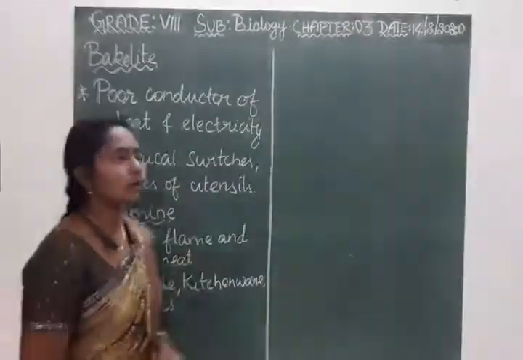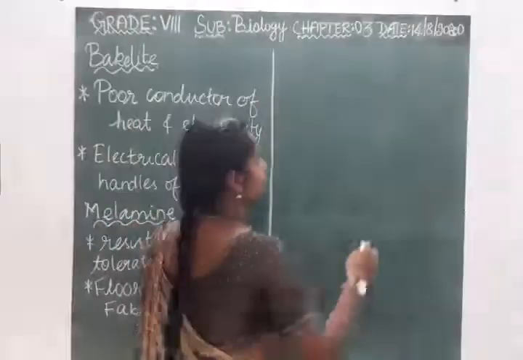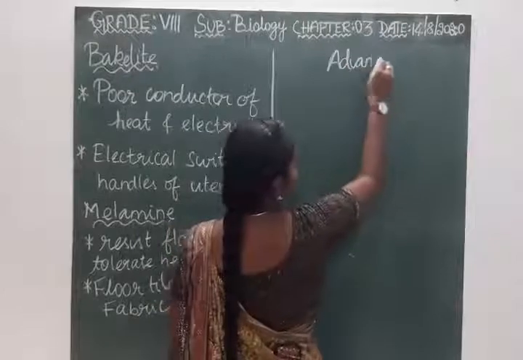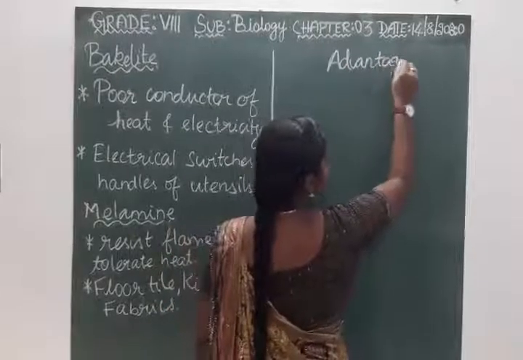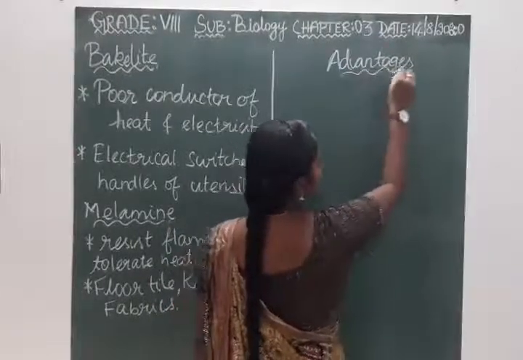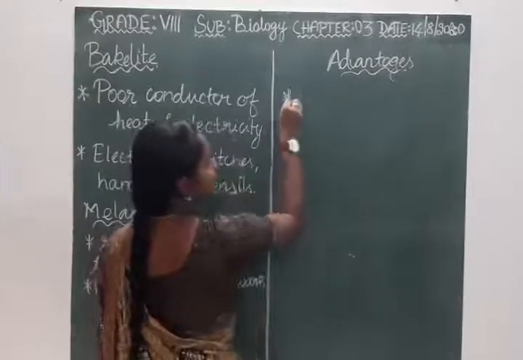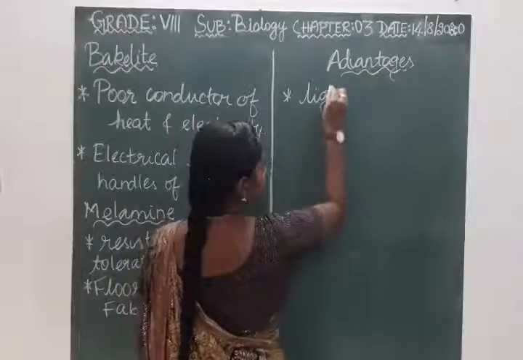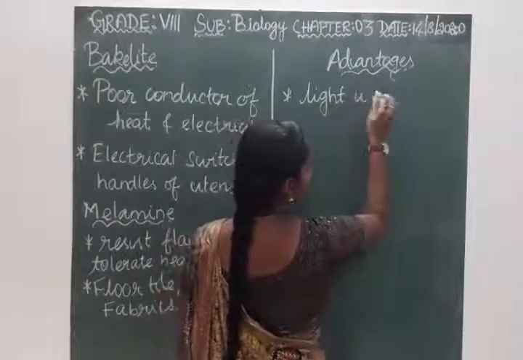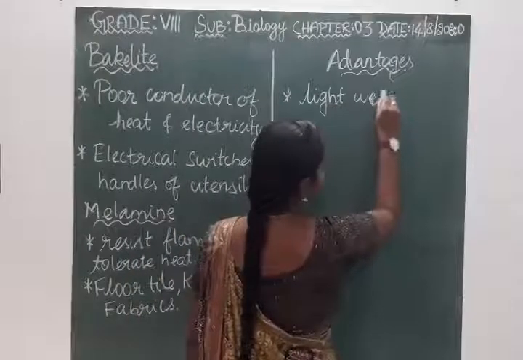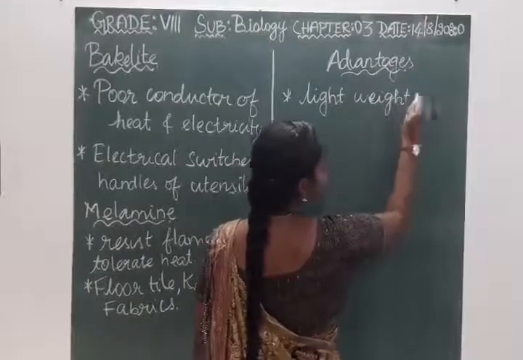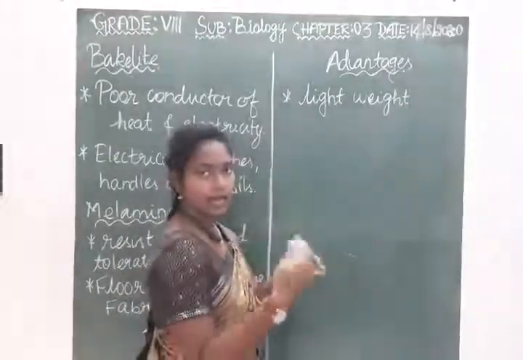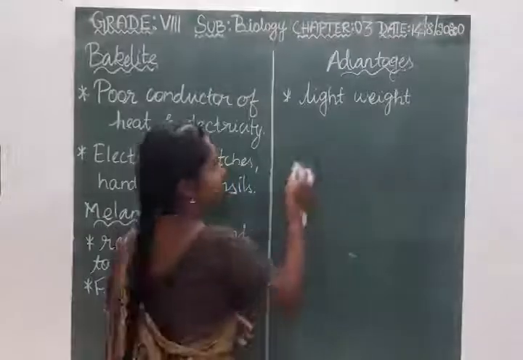Okay, and next we are going to discuss the advantages of plastics. The first advantage is that it is light in weight, so it is used in making parts of cars, aircraft and also spacecraft.